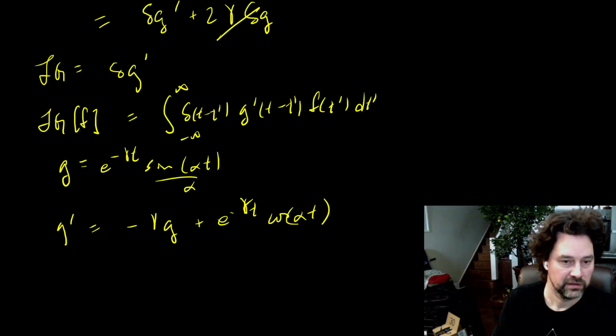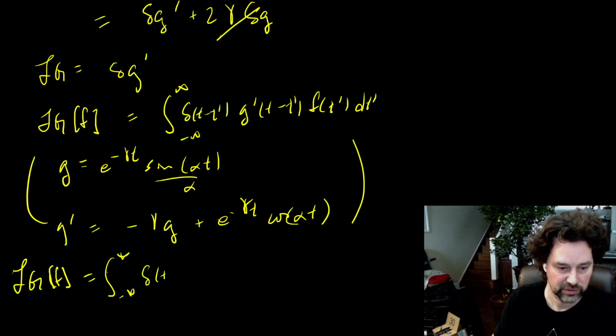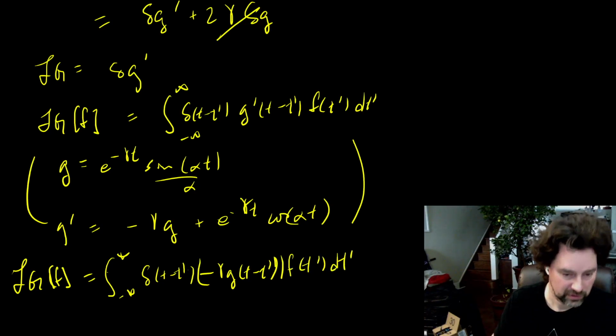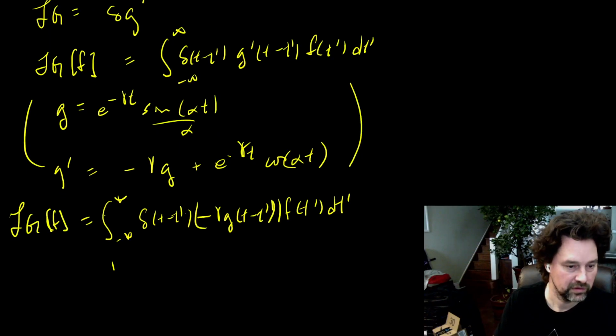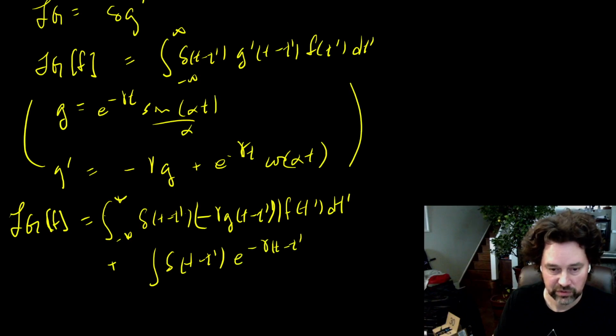So we have here the application of LG to f is the integral of delta t minus t prime times g prime, which is minus gamma g of t minus t prime, f of t prime dt prime, plus the integral of delta t minus t prime, e to the minus gamma t minus t prime, cosine of alpha t minus t prime, f of t prime dt prime.